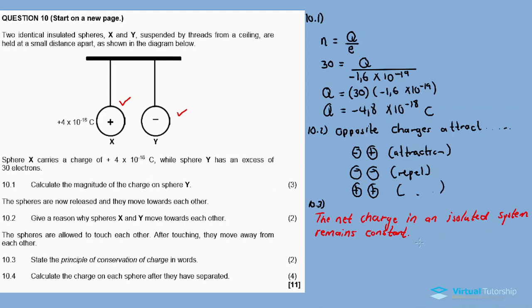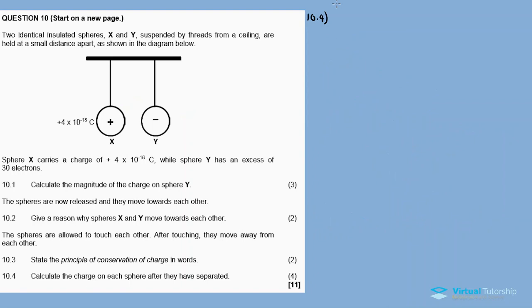So for the charge on each sphere after they have separated, the net charge Q net is the charge on sphere X added to the charge on sphere Y, divided by 2. If it was three spheres, divide by 3; if four, divide by 4, and so on.